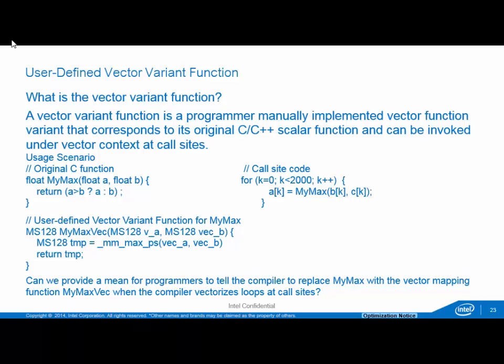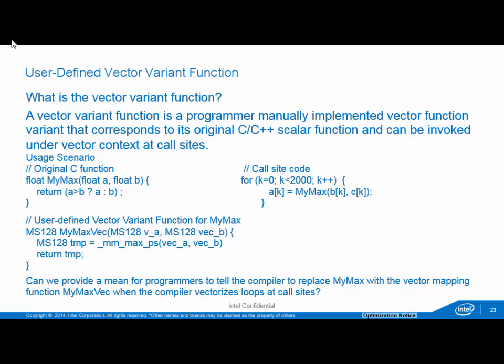Now we got some customer feedback saying they're not sure the compiler can generate the most optimized vector version of the function that the customer expects. So we say, okay, you can provide the vector version of that function. The question is how the compiler can associate this user-provided vector version with the scalar function at the caller side, which the user calls in the sequential code.